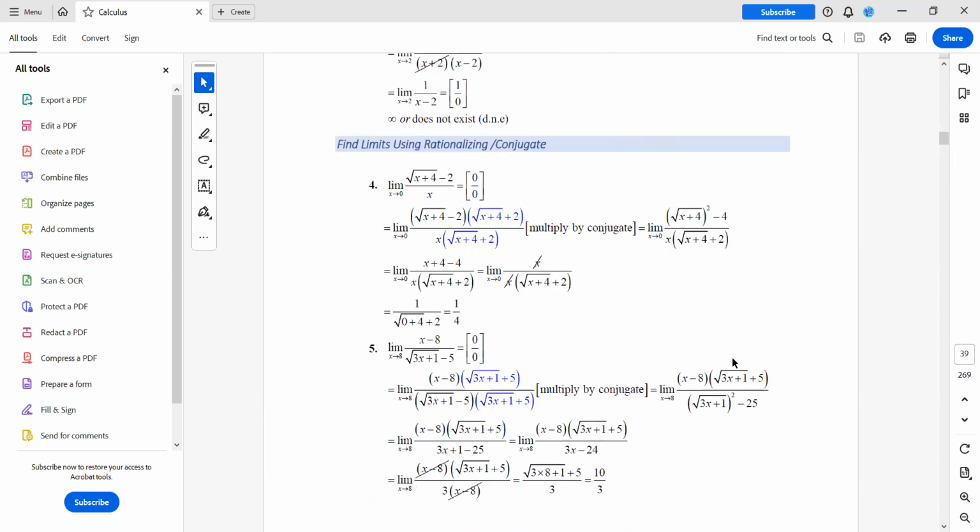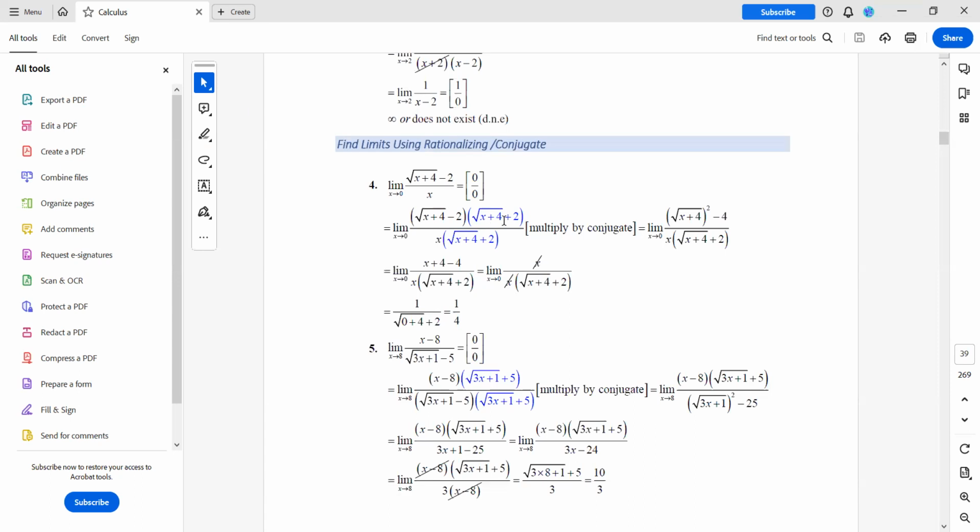Now let's find limits using the conjugate. Using the conjugate means that you multiply by the same expression with the opposite sign. So this question is the square root of x plus 4 minus 2 over x. We multiply by the conjugate because we have minus 2. Anytime you multiply by the conjugate, you change the sign.